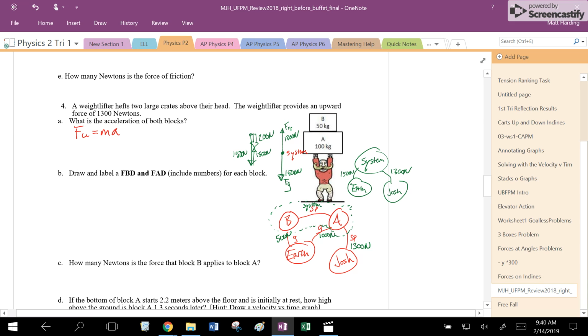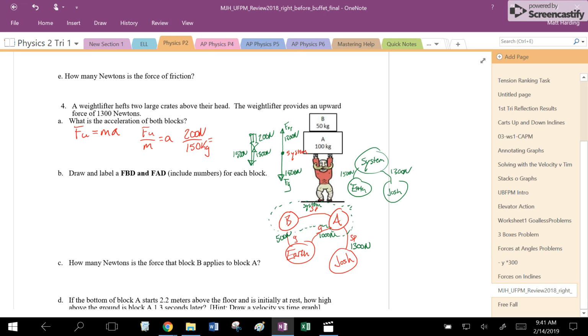F_U = ma. We say it that way so it's easy to remember. And it's in a frame. But if I'm wanting to solve for acceleration, then I'm going to have to do F_U over m. And so that's going to be 200 newtons divided by 150 kilograms.